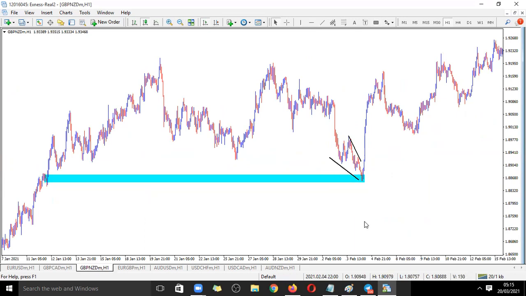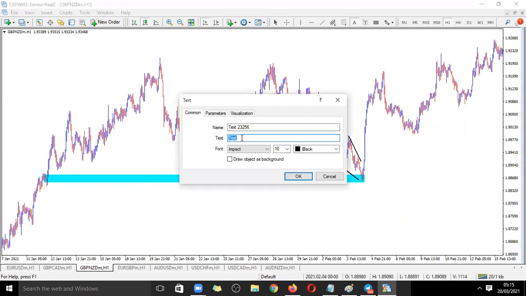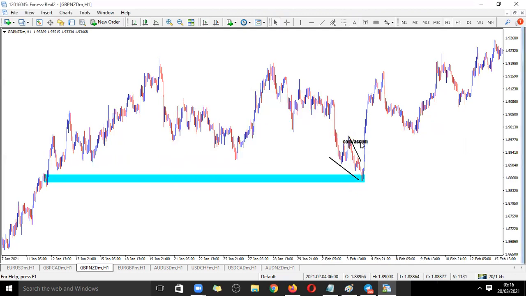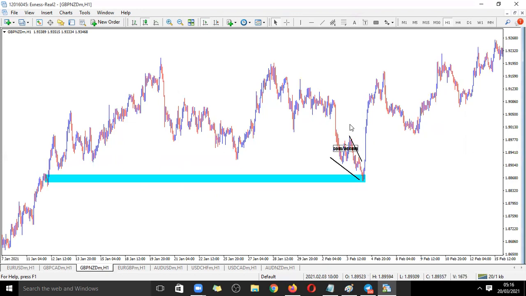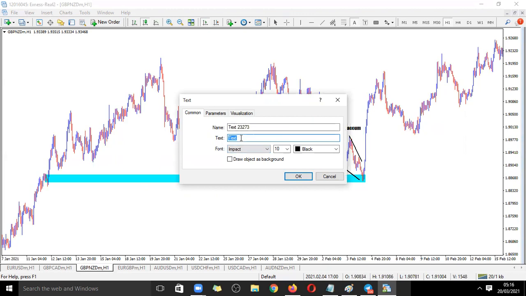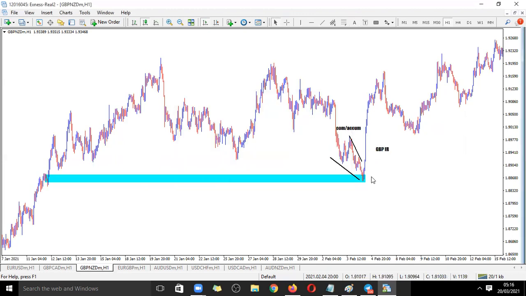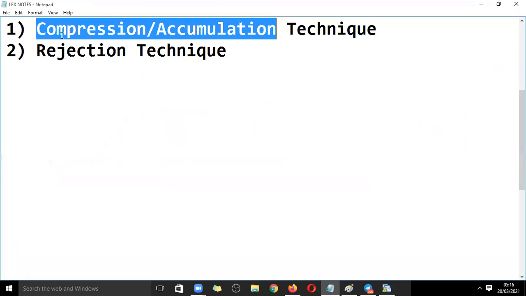Now just see what happened after the compression: as soon as the event got released, price just reversed. Compression stroke accumulation. We had a powerful reversal when the event got released. This was also the British pound interest rate decision. It's a very powerful technique.